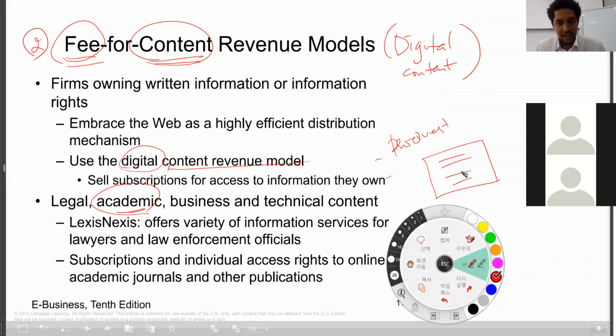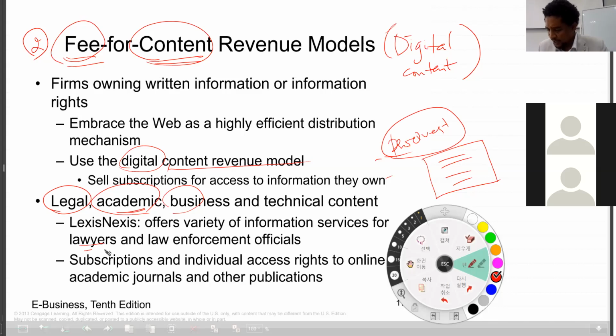If you want to read this content or access this research, you have to pay, or you have to subscribe. That is what we call a fee for content. ProQuest is a very big academic website that has so many research papers. It's a research database. So legal, academic, business, and technical content could use this fee for content revenue model.